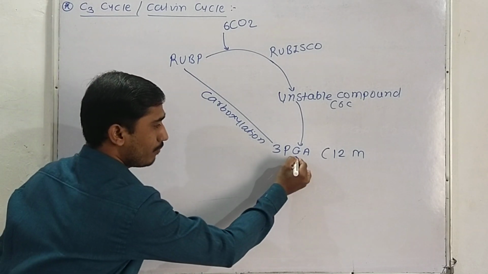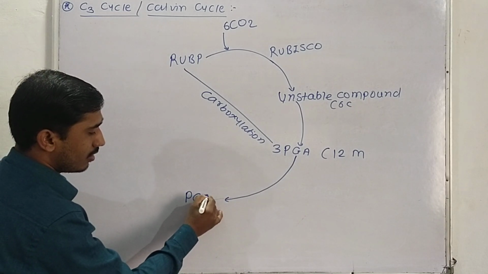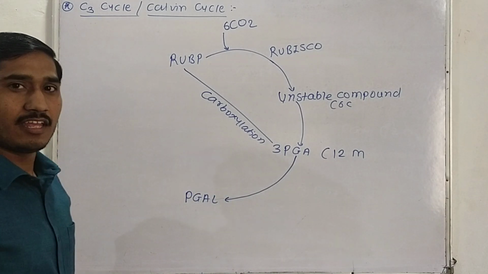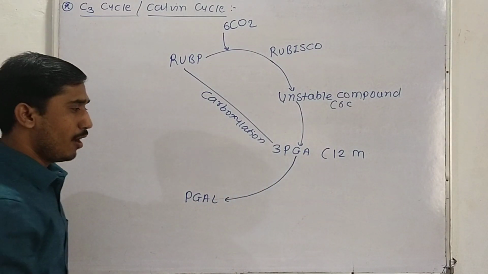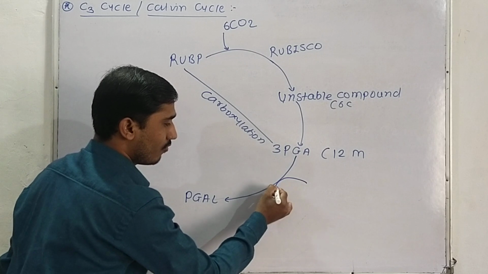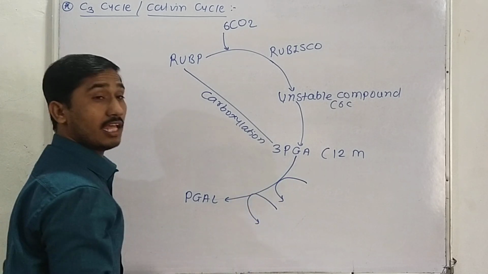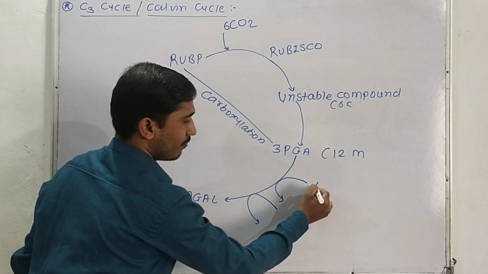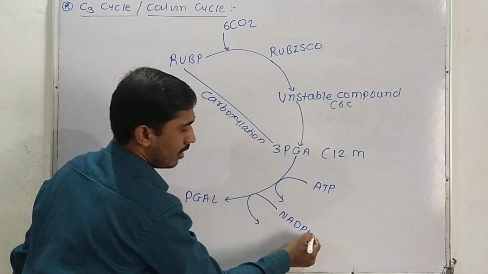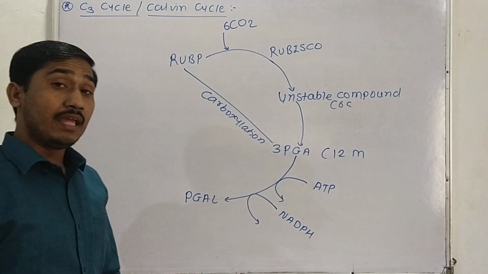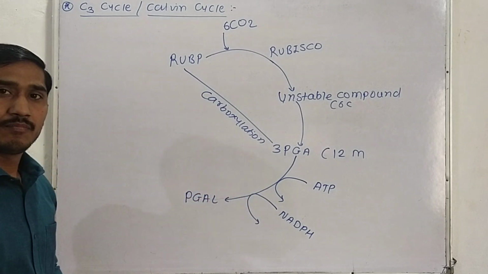Now, from PGA, there is a reduction to PGAL. So PGA is reduced to PGAL by utilization of ATP and NADPH. From the examination point of view, it is very important how many ATP molecules are utilized in this step.